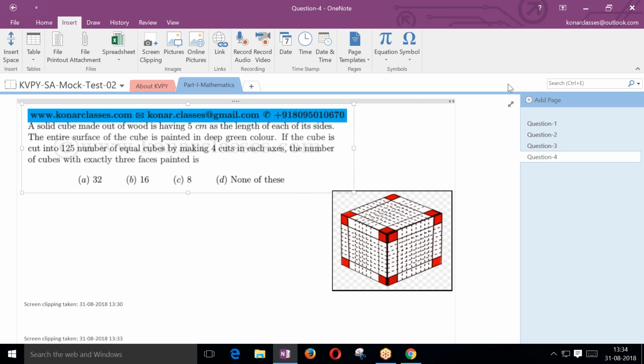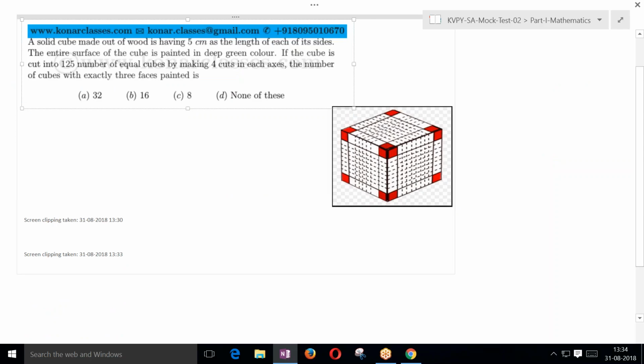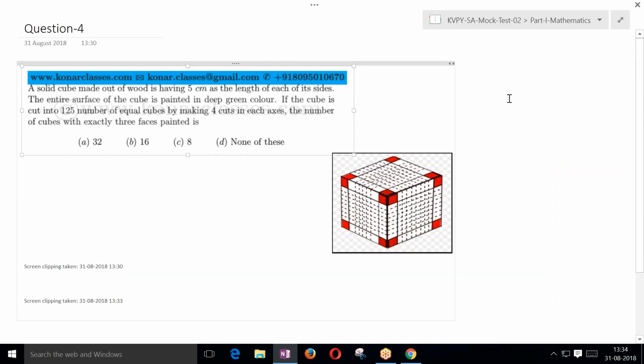This question is related to this: if you have a solid cube made out of wood having 5 centimeter length of each side, the entire surface of the cube is painted in deep green color. Here it is red, just to give you an example. If the cube is cut into 125 equal cubes by making 4 cuts in each axis, the number of cubes with exactly 3 faces painted is.